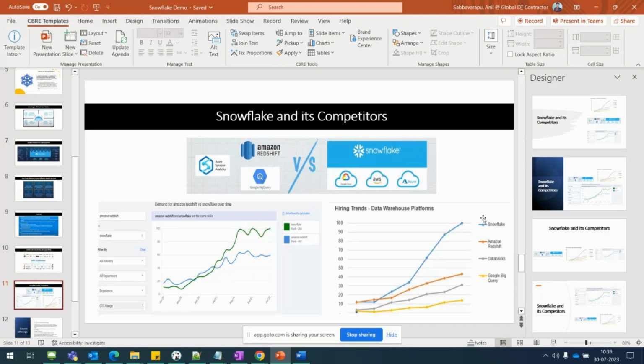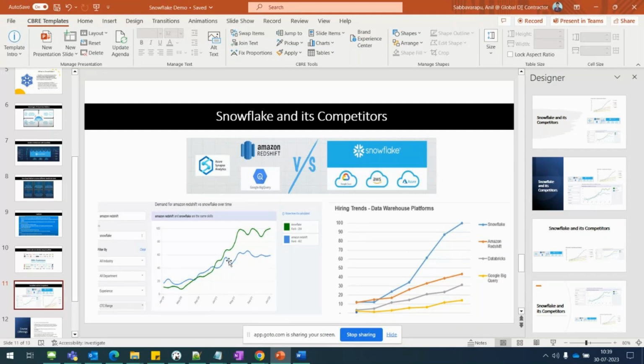So any company that wants to execute their tasks and build their warehouses in a cheaper way, Snowflake is allowing them. The cost involved for Snowflake is much cheaper than other cloud providers like Amazon Redshift, Databricks, and Google BigQuery.